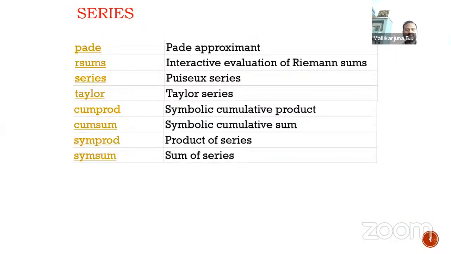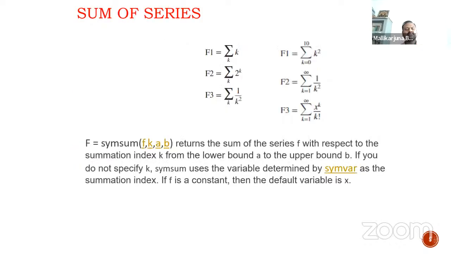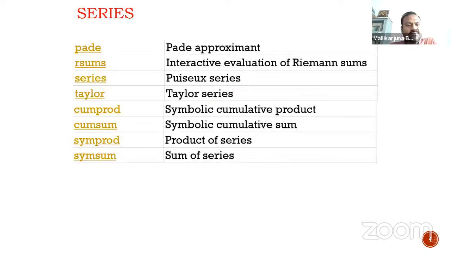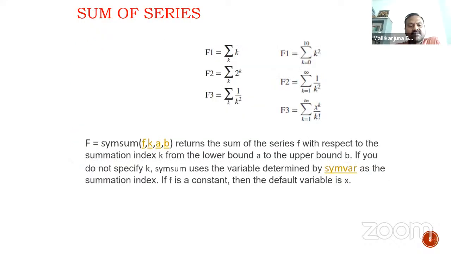Now, this is the Riemann sum series, Taylor series, or symbolic sum of the series. How can you find them? These are the syntax. Suppose these are the problems.